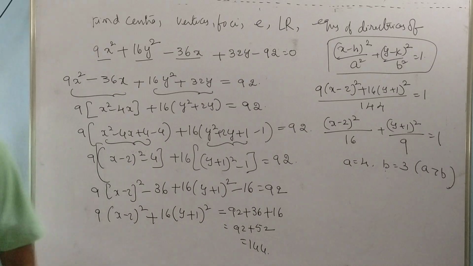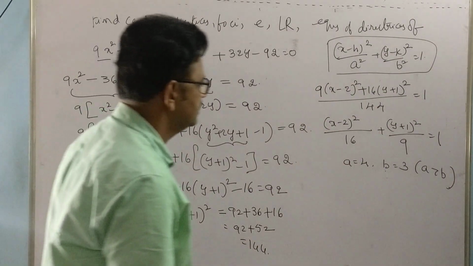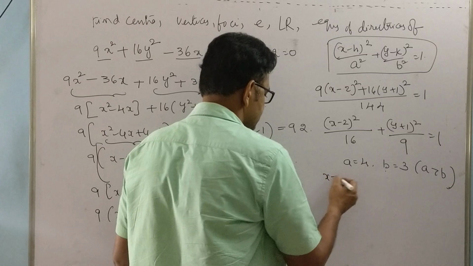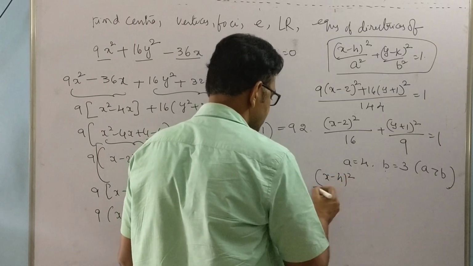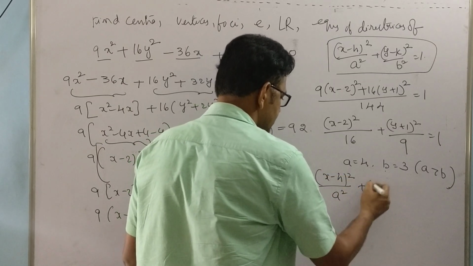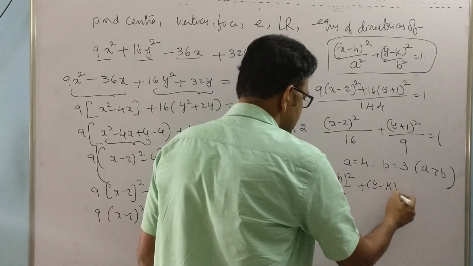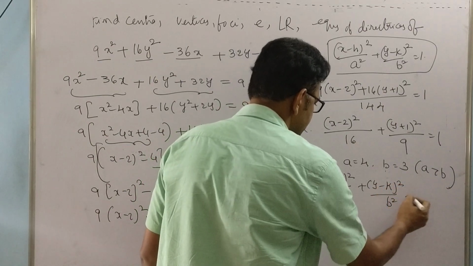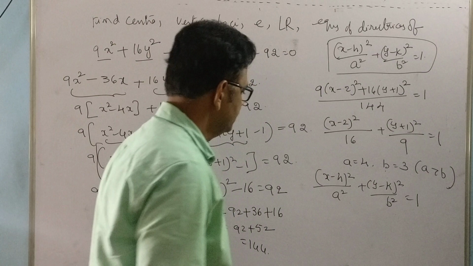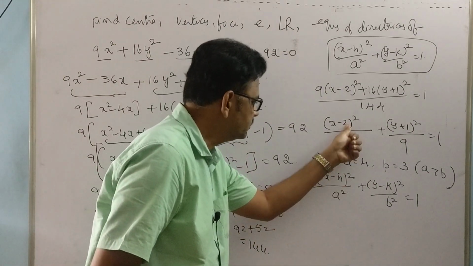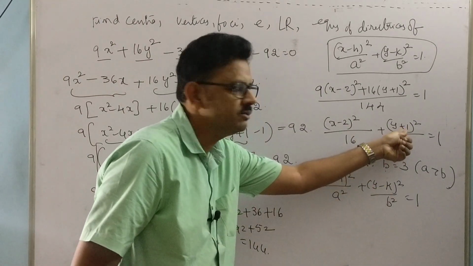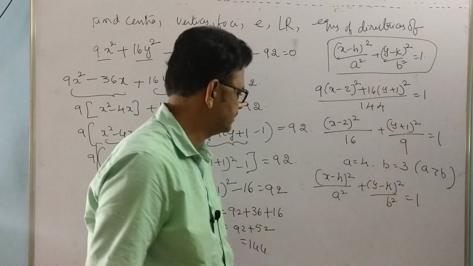Now this equation is of the form (x - h)² / a² + (y - k)² / b² = 1, where h is 2 and k is -1.